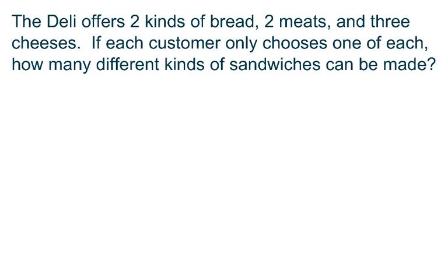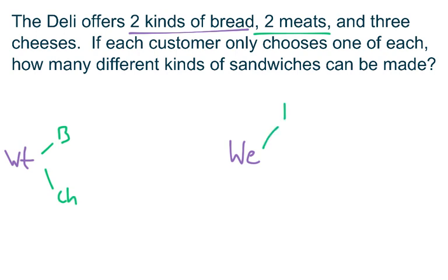We already know how to solve this using our tree diagram, so let's do that first. For our 2 kinds of bread, let's make one wheat and one white. For the 2 meats, let's make that beef and chicken.